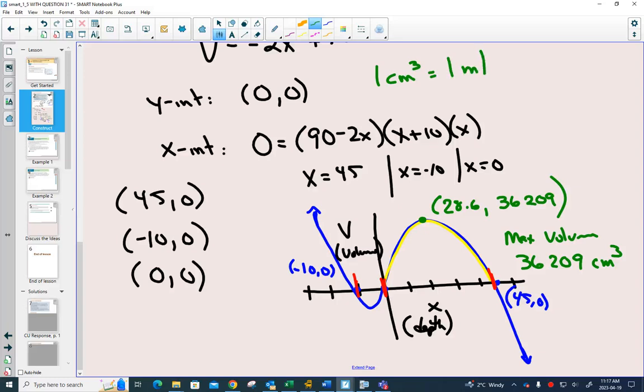Okay? So, first of all, if you have a 1 centimeter by 1 centimeter cube and you fill it full of water, it will perfectly fill to 1 milliliter. Metric system is wonderful that way. So having a volume of 36,209 centimeters cubed would mean that that suitcase could fit 36,209 milliliters.